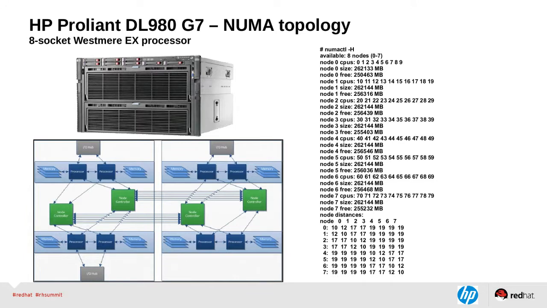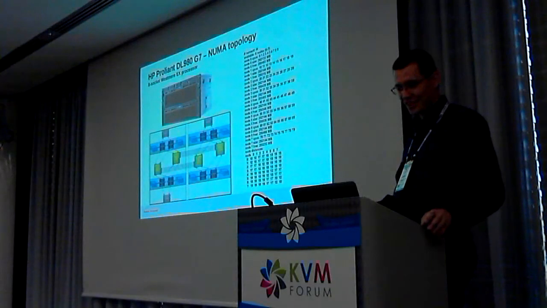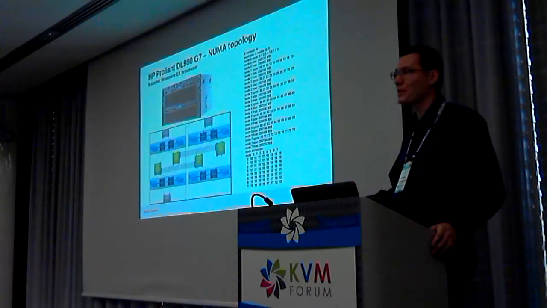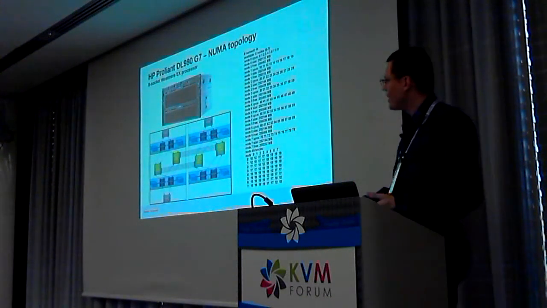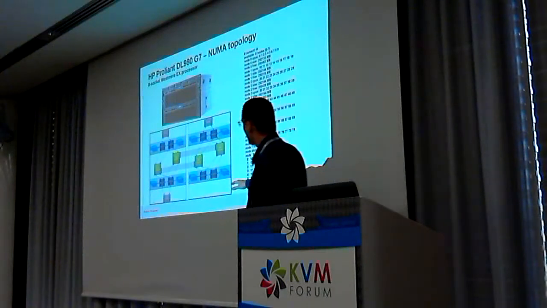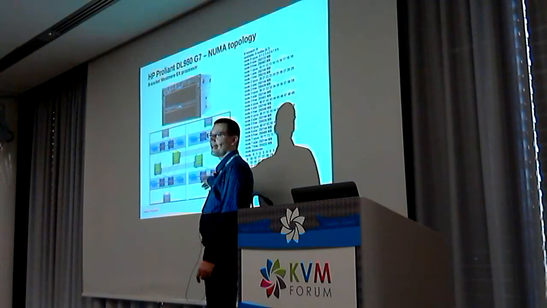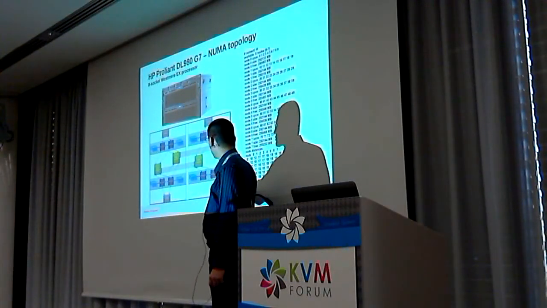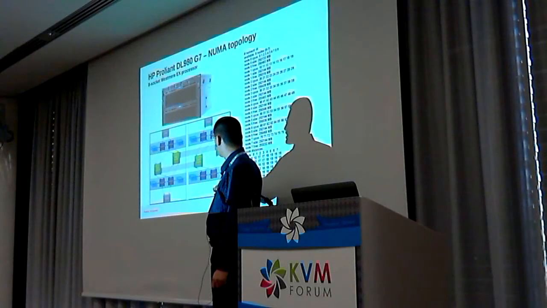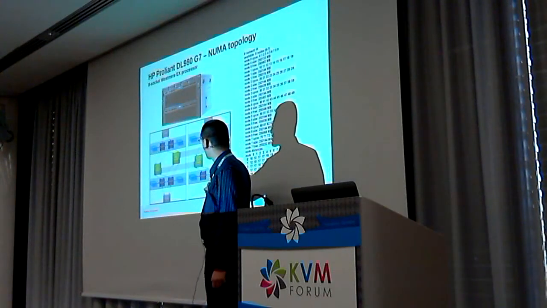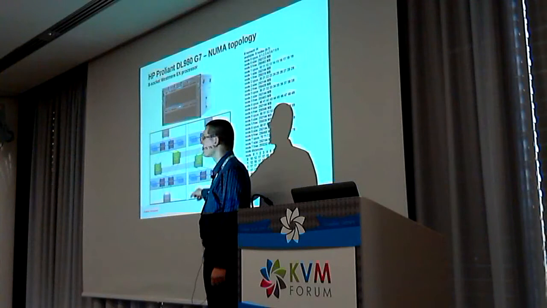You can make these NUMA systems as large and as complicated as you want, which our friends at HP have done. A DL980 has 3 levels of distance between the nodes. Every one of these blue boxes here is a NUMA node, a processor with attached memory. One of these is directly connected to another one of those.